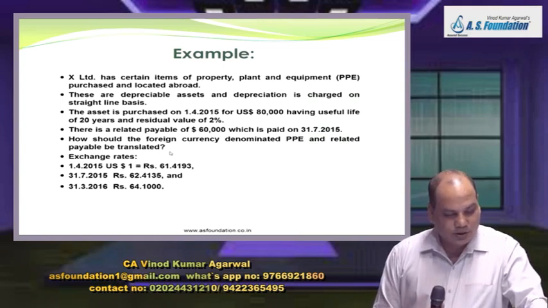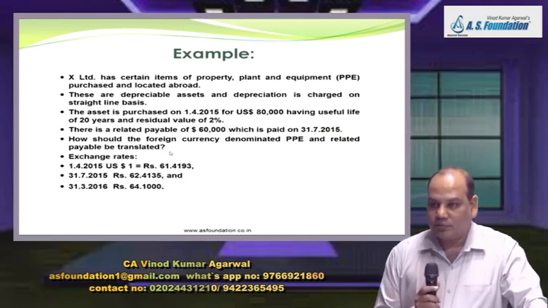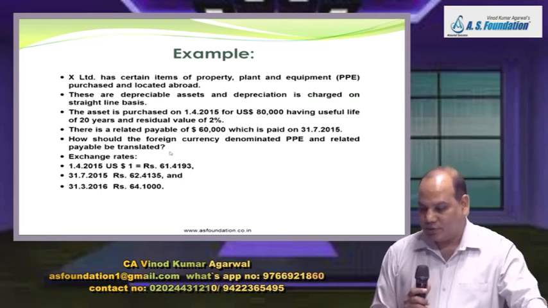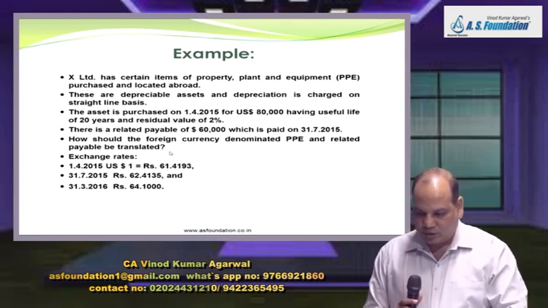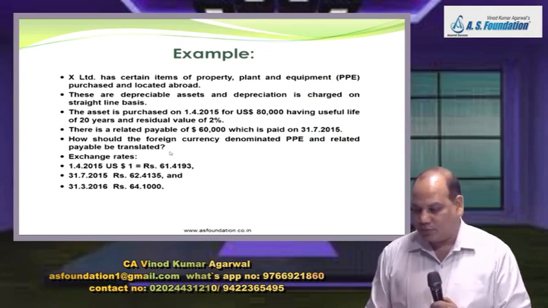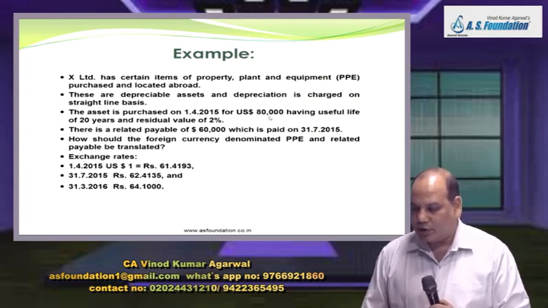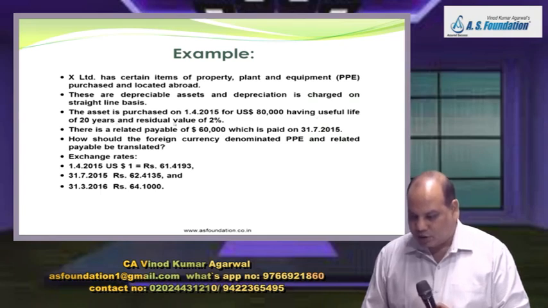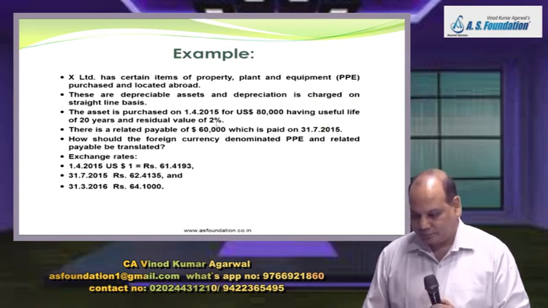X Limited has certain items of property, plant, equipment purchased and located abroad. These are depreciable assets, and depreciation is charged on straight line basis. The asset is purchased on 1/4/15 for US dollar 80,000, having useful life of 20 years and residual value of 2%.